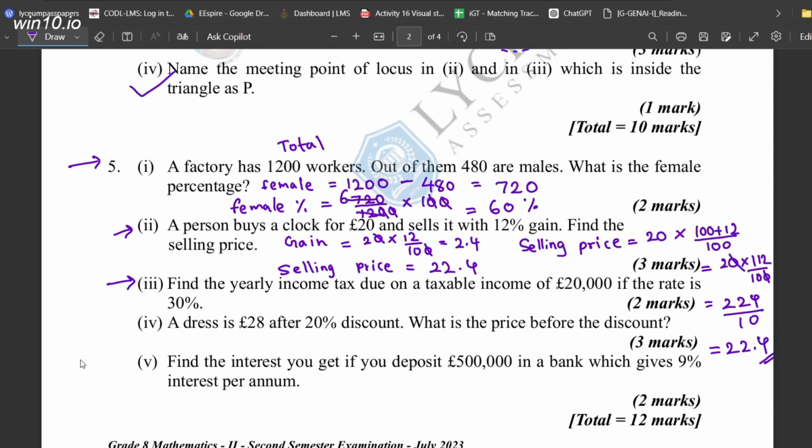Then the third one, find the yearly income tax due on taxable income of 20,000 if the rate is 30%. So we have to find the yearly income tax due on the taxable income of 20,000 if the rate is 30%. We have to find the yearly income tax.